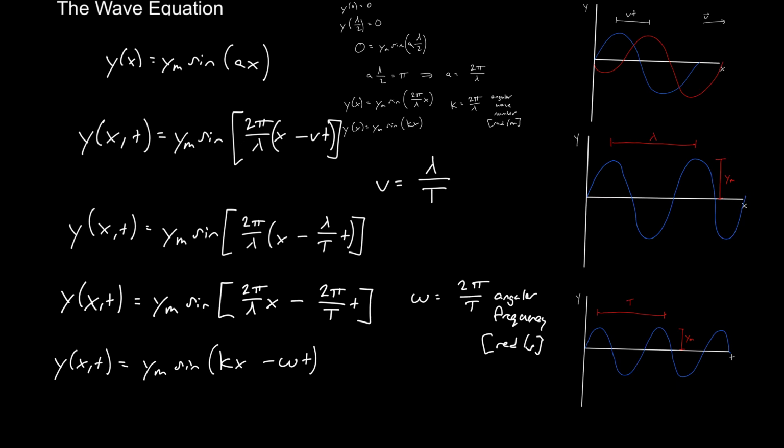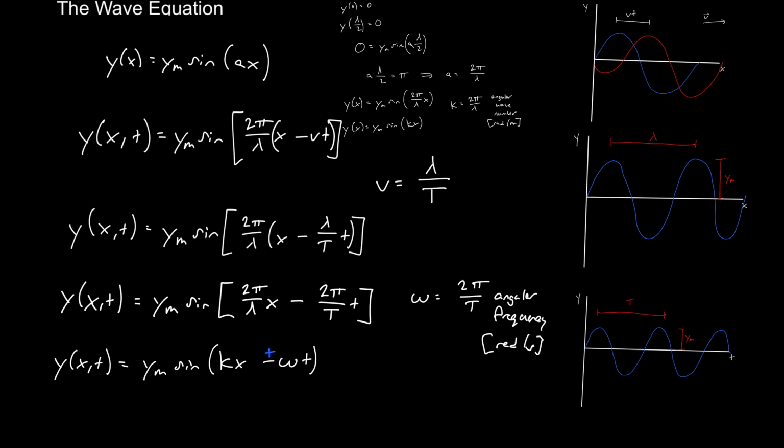The wave equation is a function of time and position. It's the amplitude times the sine of kx minus omega t. Again, we said that we are assuming that the wave travels in a positive x direction, and if it were traveling in a negative x direction, then we would need that to be a plus sign. Okay?